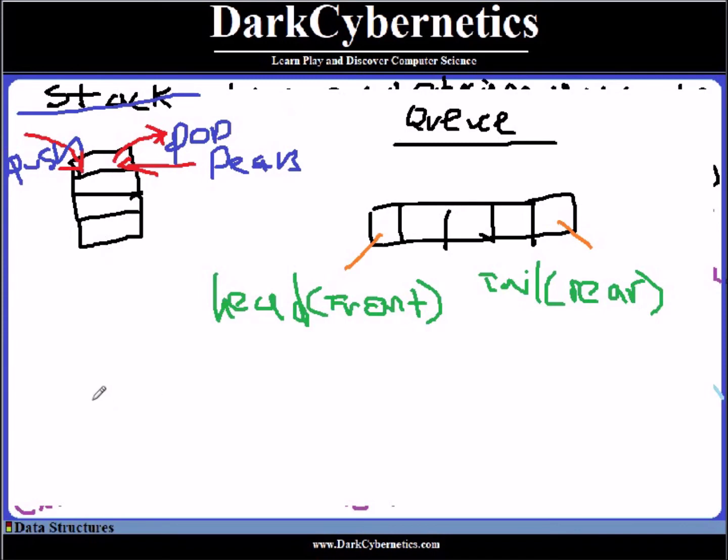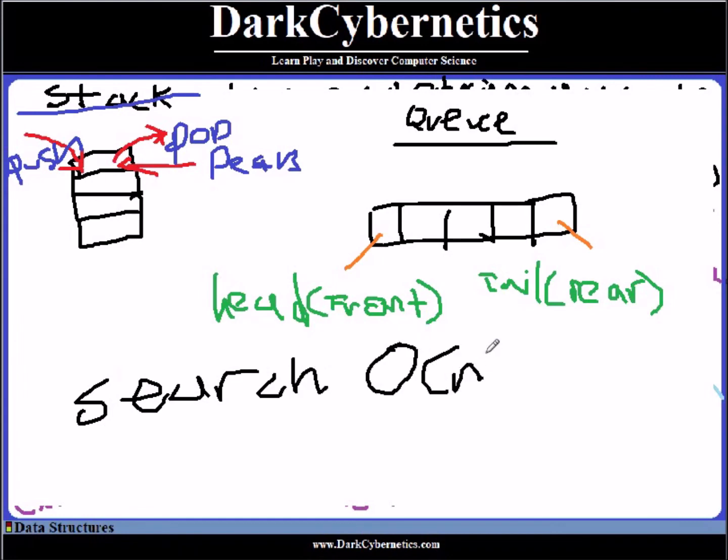You may want to keep these things in memory. And when we search these data structures, as we said before, it takes place in O of n time, which is the number of elements. We will get into complexity later. Okay, so we have a stack and we have the queue, and search takes O of n time.